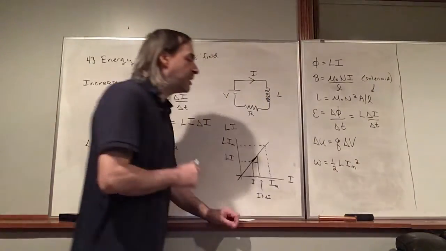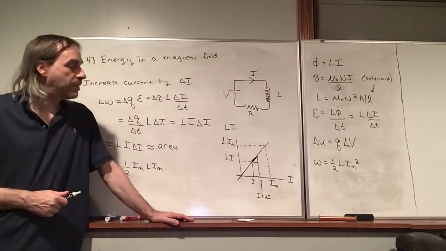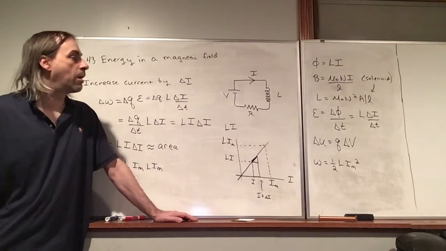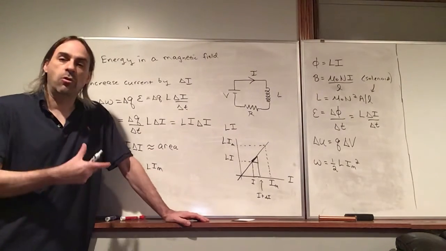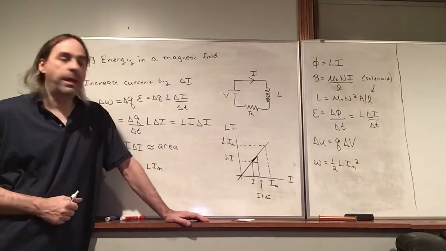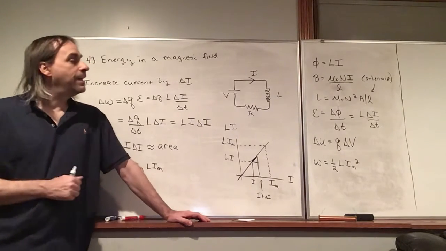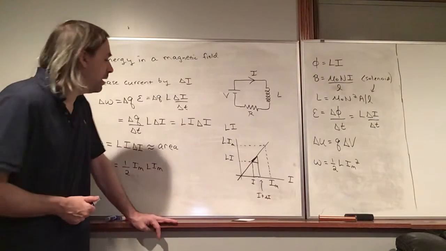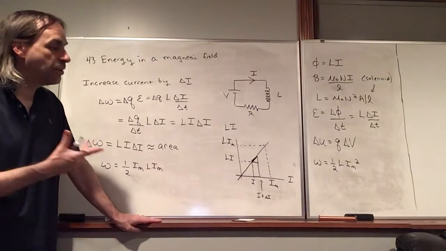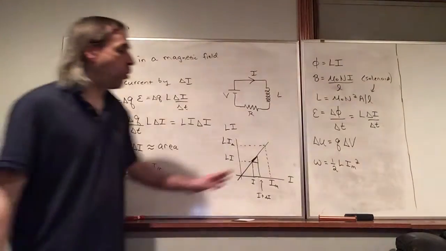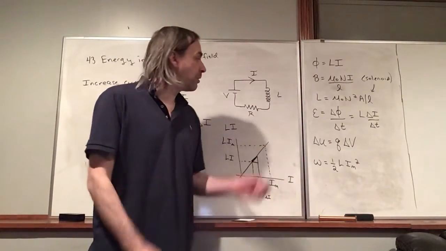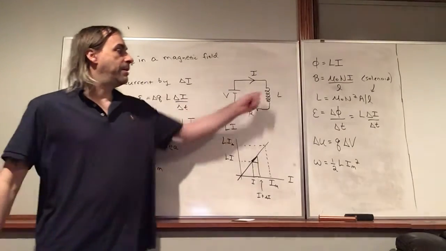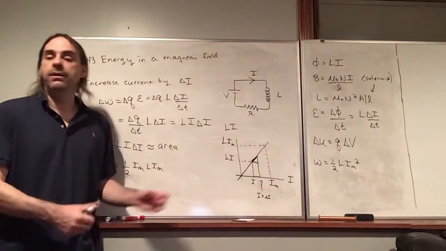So if we start with 0 current and build up to some maximum current, and again, the maximum current in this case would just be V over R. The inductance doesn't affect the eventual current that we'll get. It only affects how long it takes to get there. But yeah, so that's how much energy. Again, this is work we'd have to do to increase that current from 0 up to its peak value, because the inductance of the system is opposing that.